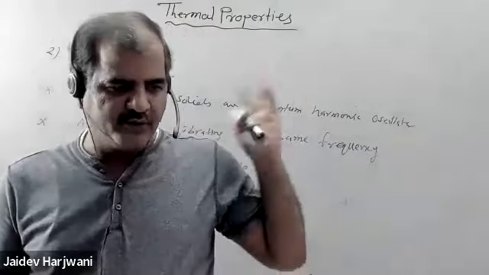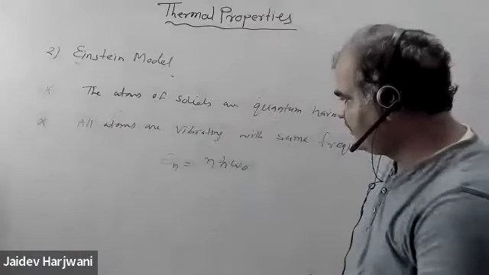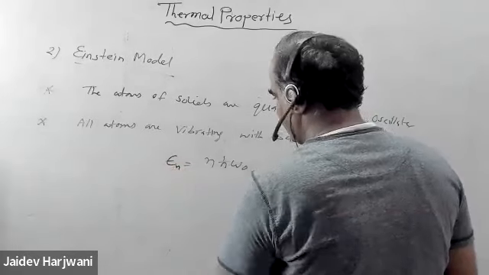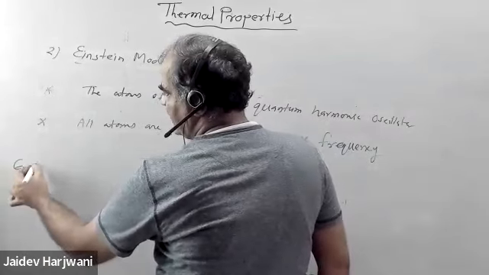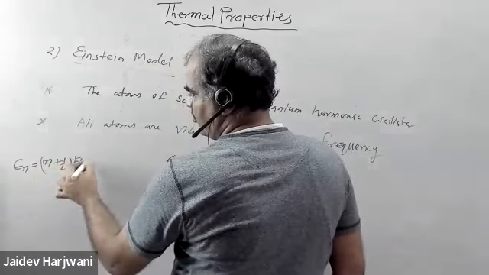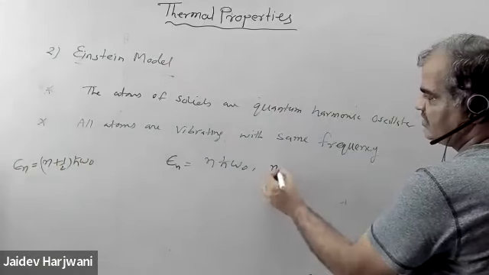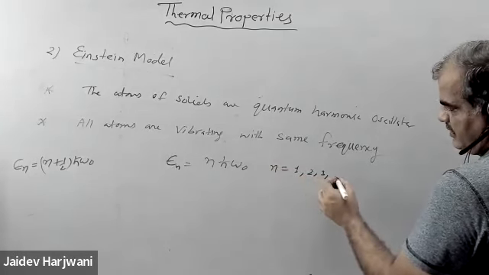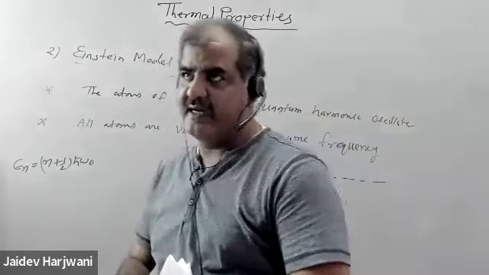You can use n plus half also; the final answer will have no change. I am doing this derivation with En equals n h cut omega. You try the homework with the n plus half h cut omega naught term; there will be no difference. And n is 1, 2, 3, and so on.